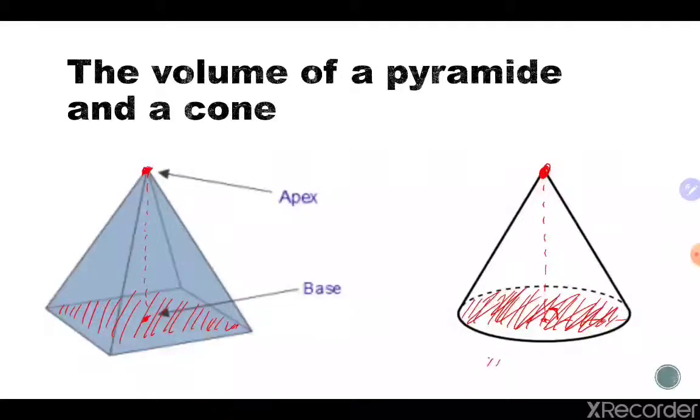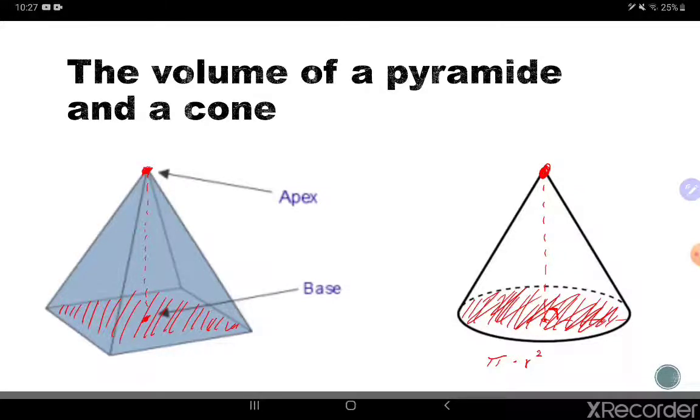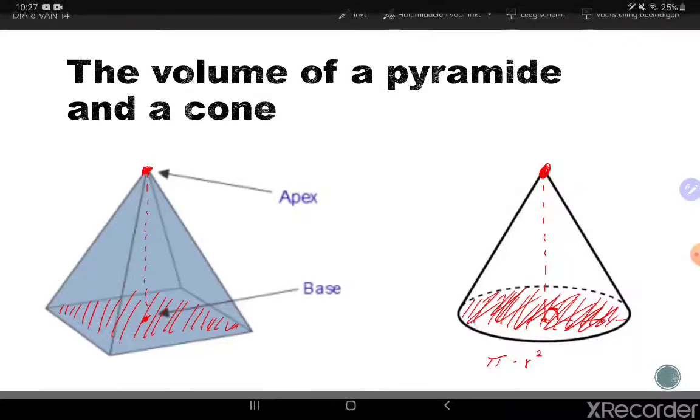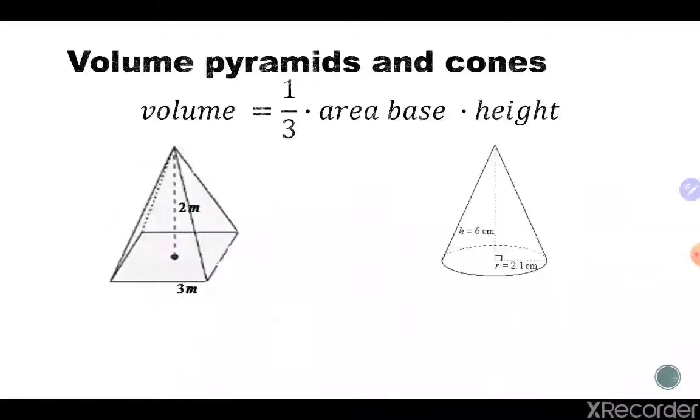It was pi times the radius to the second power. And then of course you need to multiply it by the height, and then of course multiply by a factor 1/3. Let me just look at the next slide to see how to calculate those two different shapes.